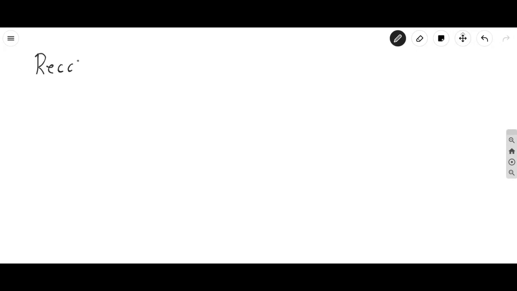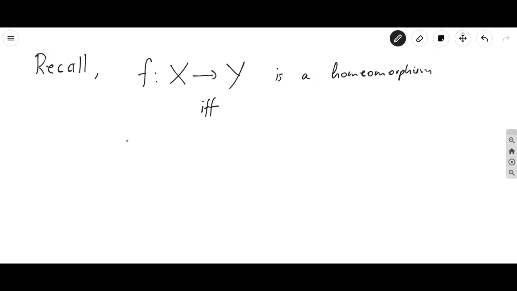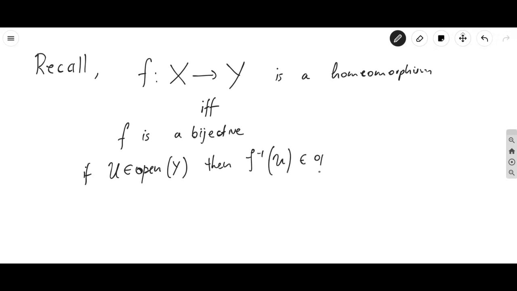So recall that a function, a continuous function, of course, between two topological spaces is a homeomorphism if and only if F is a bijection, and if U is an open subset of Y, then F inverse of U is an open subset of X. That's just continuity.